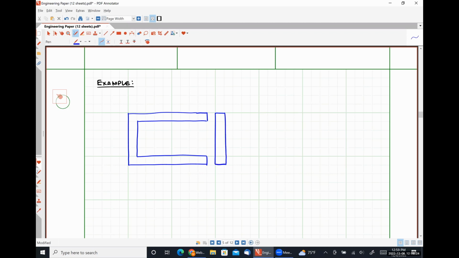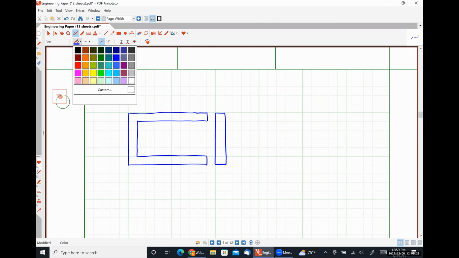So this is going to be our structure, okay? This is what an electromechanical actuator or an electromechanical relay might look like to some extent, okay?